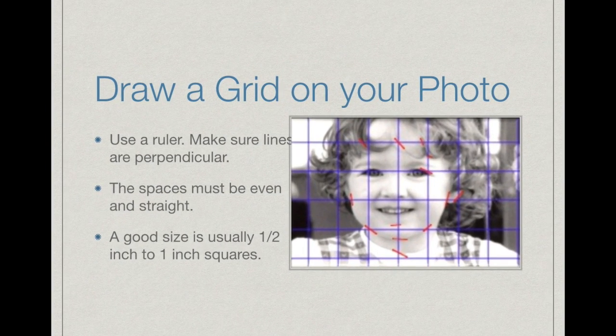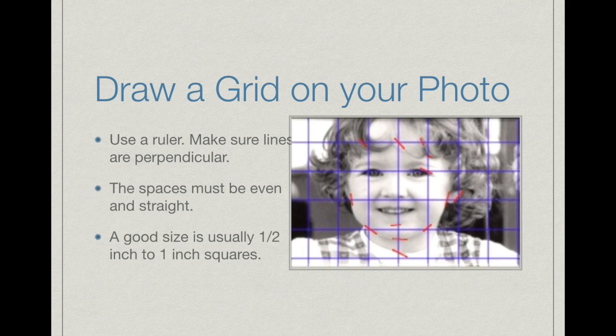So once you pick a photograph that you want to draw of yourself, you're going to draw a grid, okay? I like to start in the middle and work my way out, but I just lay the ruler down and make a mark. Now you can make marks every half inch or every inch.